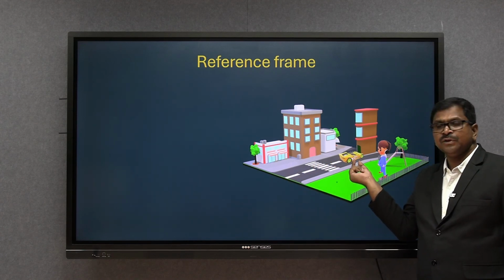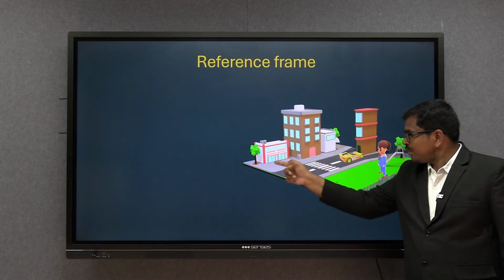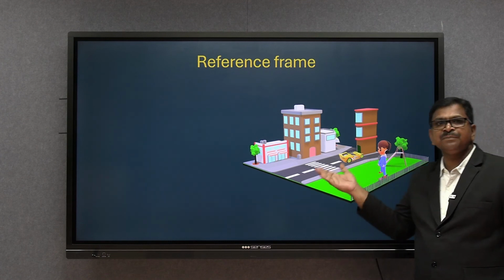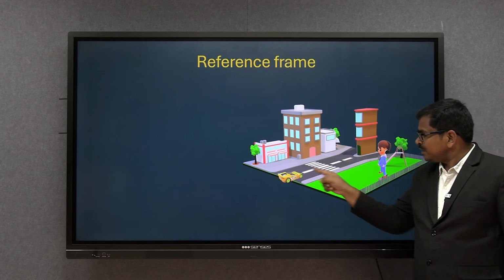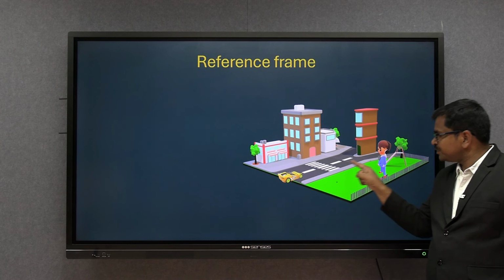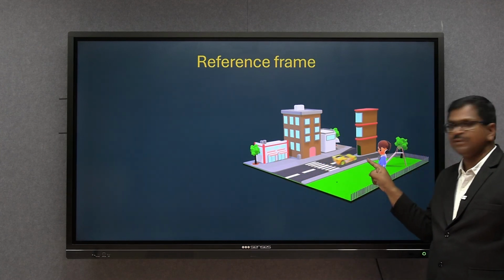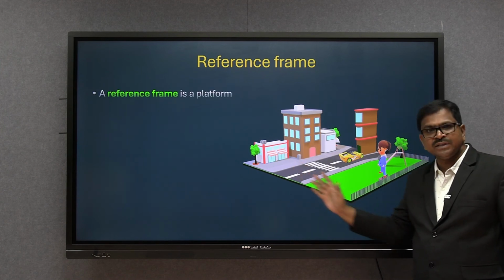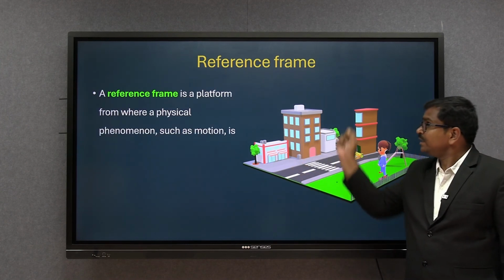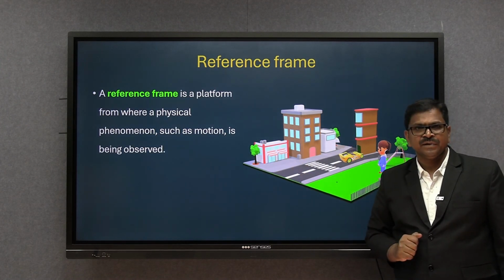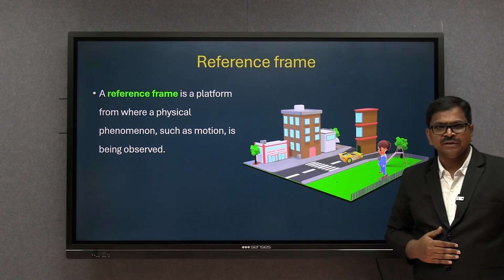So this is a road or ground or a space where the motion of the object is being observed. The motion of this object is being observed, and this setup or platform is called the reference frame.